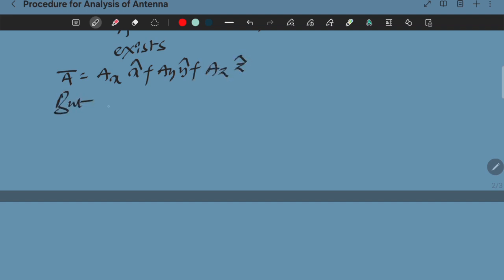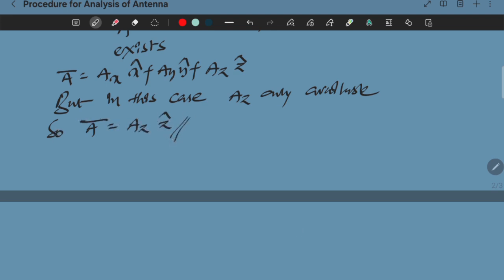But in this case, only Az is available. So A bar is equal to Az into z cap. Like this we can write. Now that Az is equal to mu by 4 pi I dl e power minus j beta r by r.